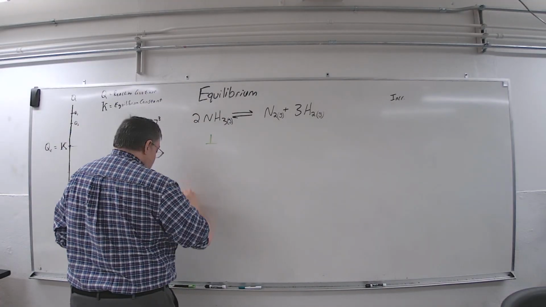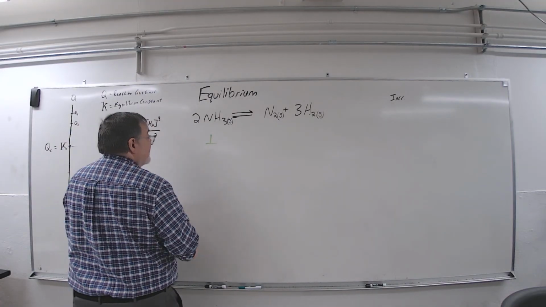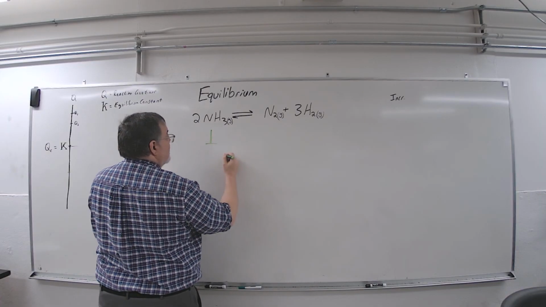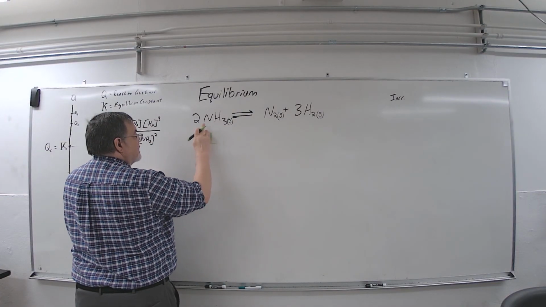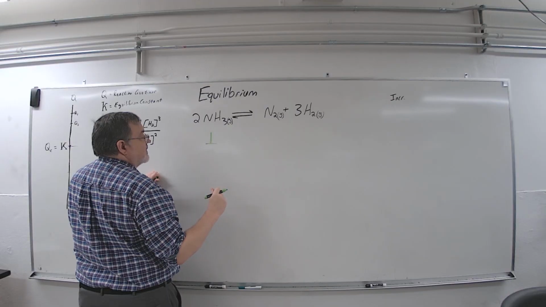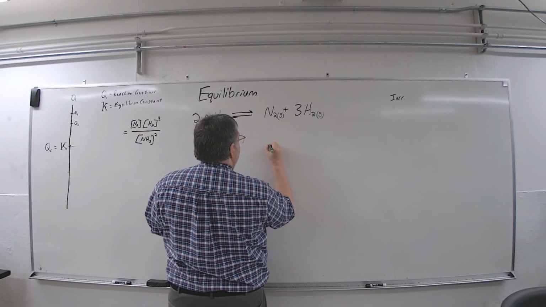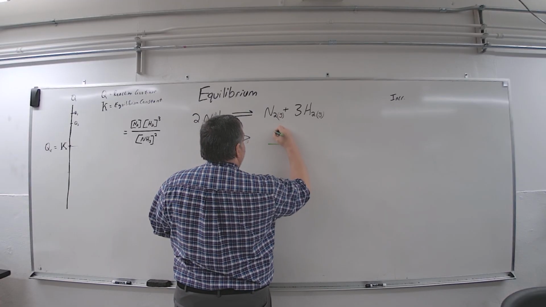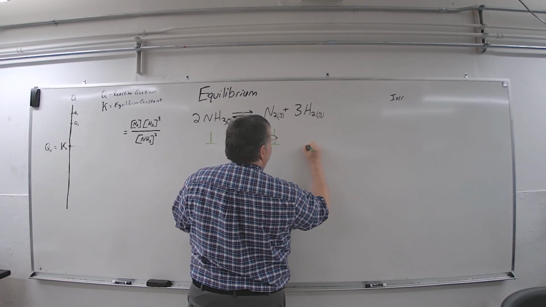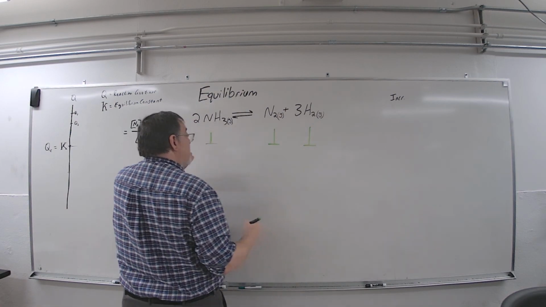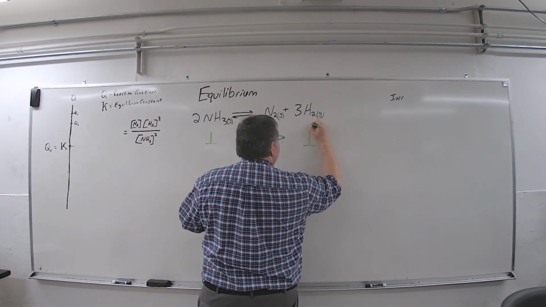So we start with the initial amount. Remove over there. So let's say this is your initial amounts at equilibrium. So how does that work?